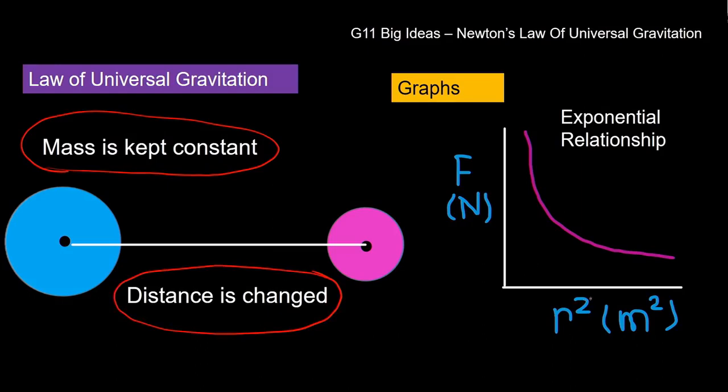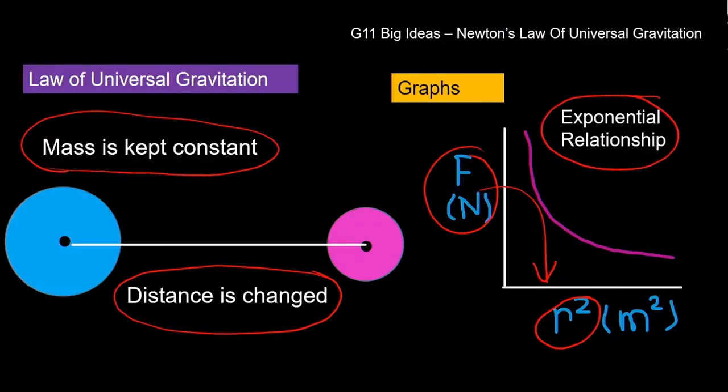And so R is the independent variable. The force is going to be dependent on that distance. So it would make sense that as the objects have moved further away, the force is going to get less. As the objects are moved closer together, the force is going to get more.